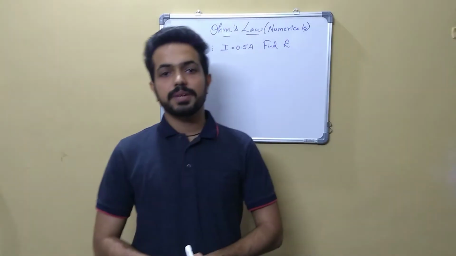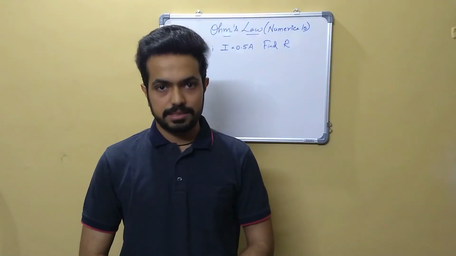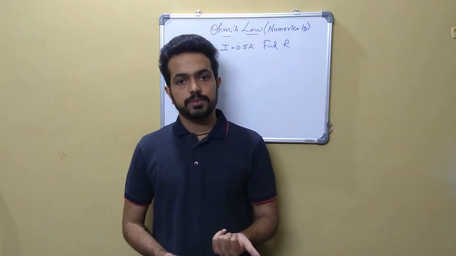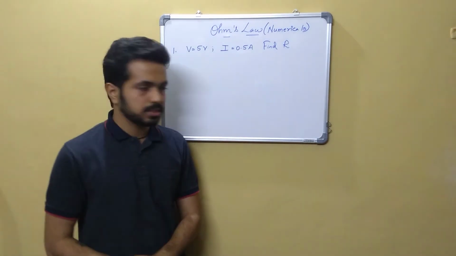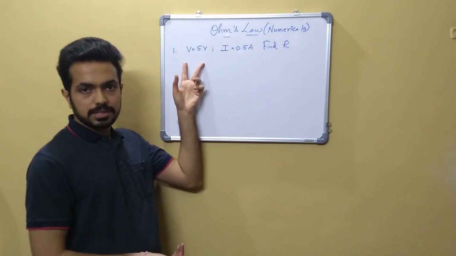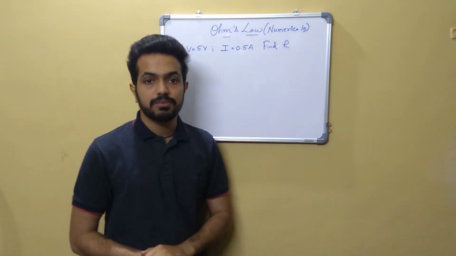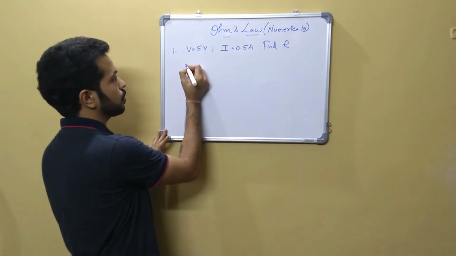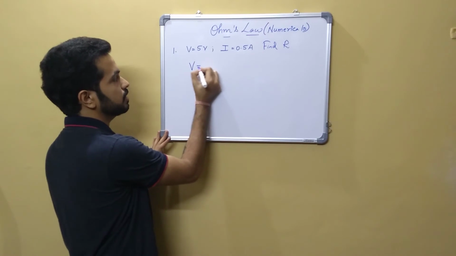The numericals based on Ohm's law are not very difficult as such, because there are only three variables. Out of three, two will be given to you and one will be asked. Like you can see in this particular question, they have given you the potential difference as 5 volts, current as 0.5 amperes, and they are asking you to find the resistance. Now remember Ohm's law. Ohm's law tells us that V is equal to IR.